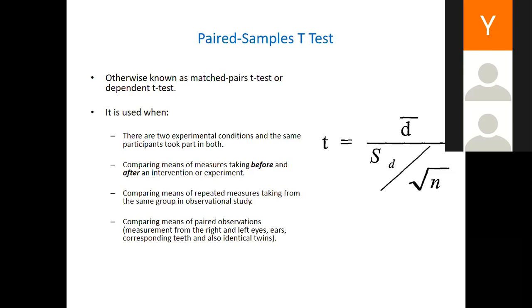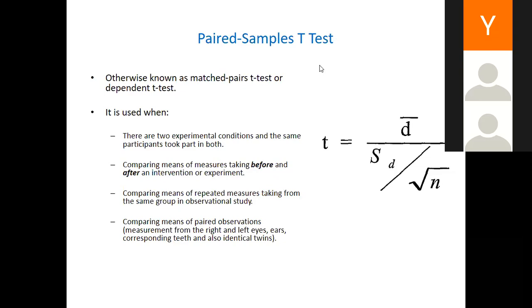So there are 2 experimental conditions and the same participant took part in both. Those are the scenarios where we use paired t-test: comparing means of measures taken before and after an intervention or experiment, or comparing means of repeated measures taken from the same group in an observational study, or comparing means of paired observation measurements from the right and left eye. There are some things that occur in pairs.